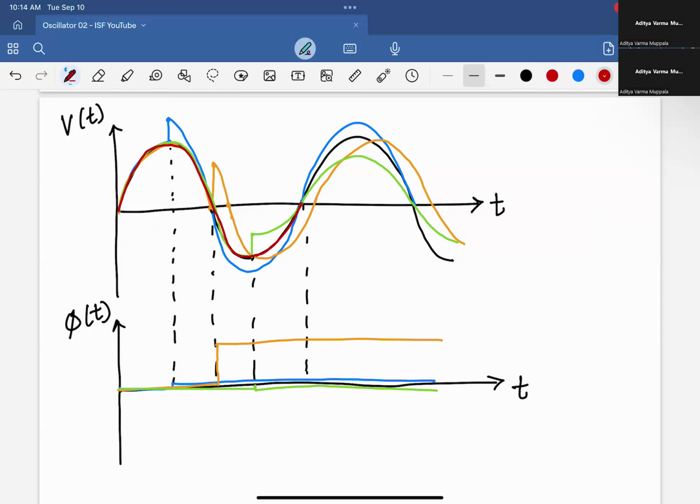And then at this point, I give it a boost, right? Again. So when I give it a boost this time, it sort of lags behind like that, right?